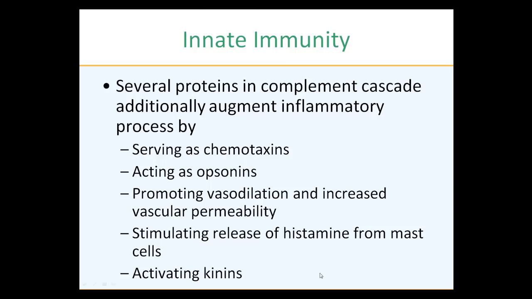So all of these are functions of the complement proteins and the complement cascade, the most important of which, of course, is acting as an opsonin and making the MAC, the membrane attack complex, but they're capable of other things: chemotaxis, vasodilation, stimulation of histamine release, and activating the kinins.